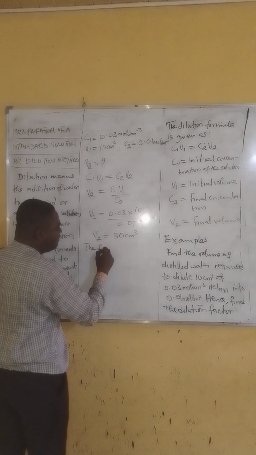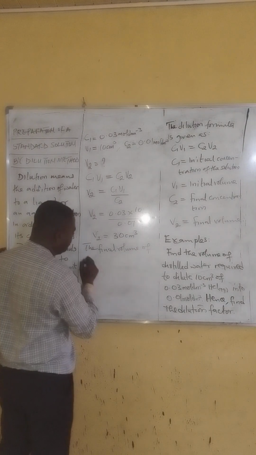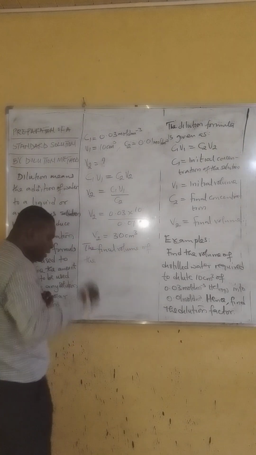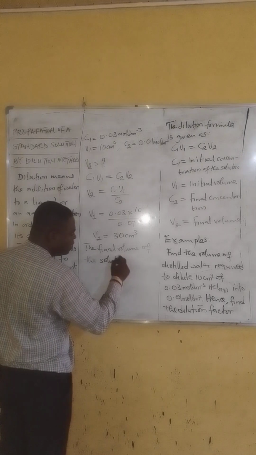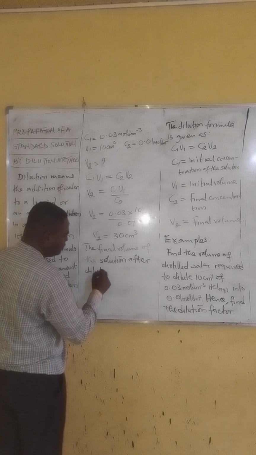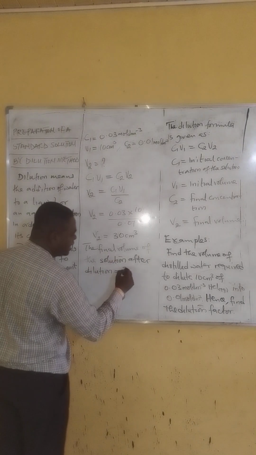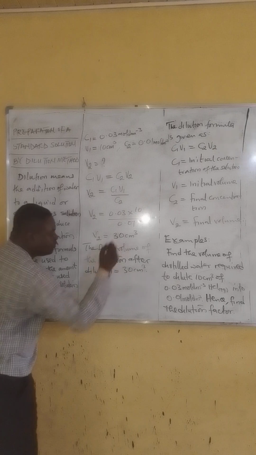Now what we have got in here, the final volume of the solution after dilution, is the 30 cm³ we have just gotten.